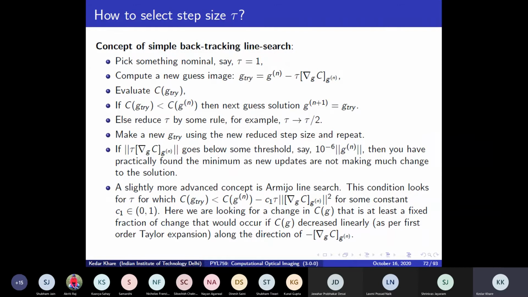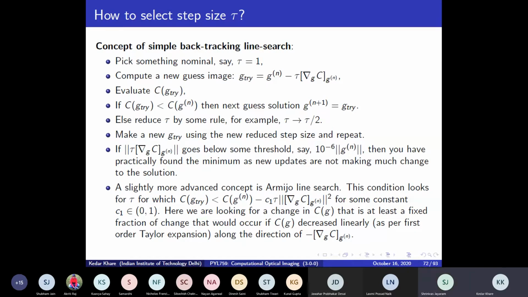Only when the product is less than a small quantity, for example 10 raised to minus 6 times the norm of the current solution, then you can say that you are close to the minimum, and making more updating steps is essentially not going to change practically what my image result is. So that is the idea.